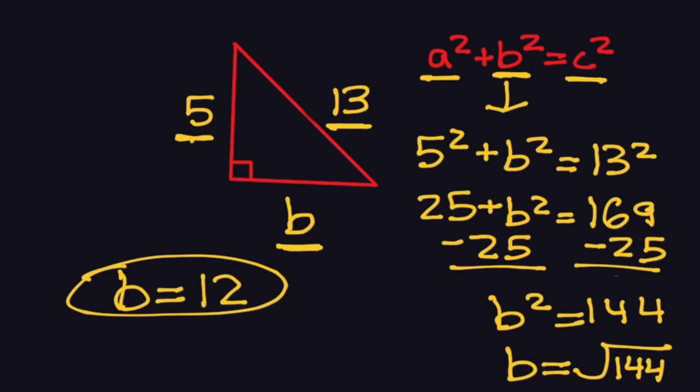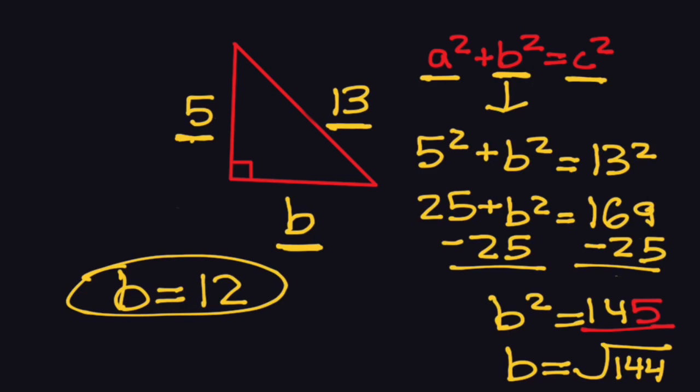Now, sometimes the answer you get right here cannot be square rooted evenly. Let's say I had a scenario in which b squared was equal to 145. So b squared is equal to 145.